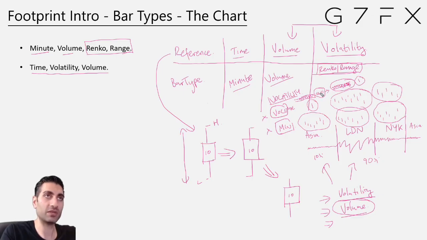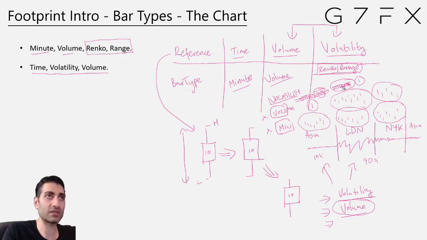Then it prints again, disappears, prints again. Within this range, I'm having so much information thrown at me. Why not just accumulate all of that into one bar? Can you now see why I'm using the volatility type of bars in a footprint?